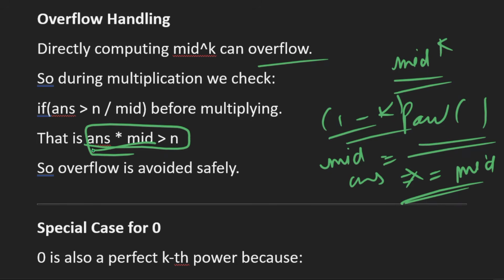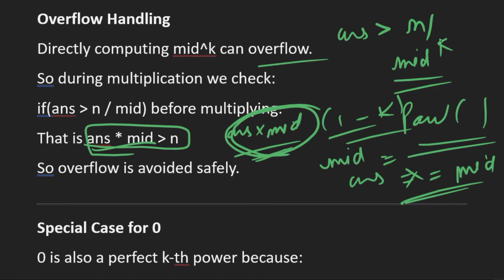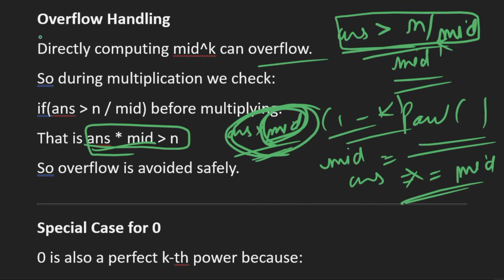But suppose at some point answer into mid overflows. So instead of doing answer into mid, we check whether answer is greater than n by mid or not, that is we send the multiplication to the divisor, to handle the overflow issue, right?